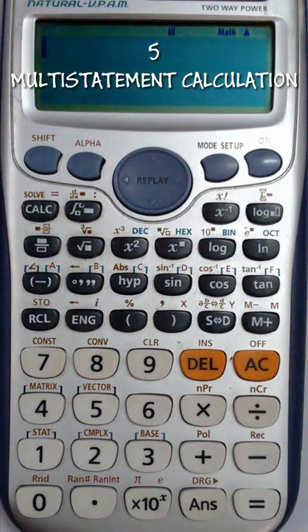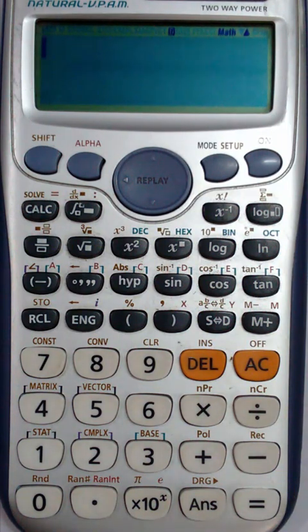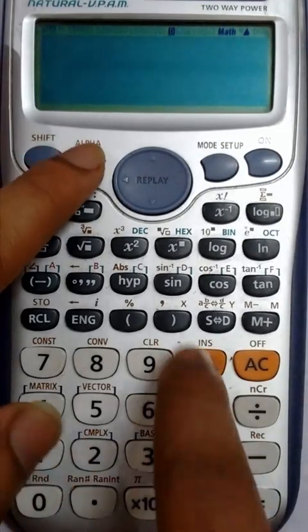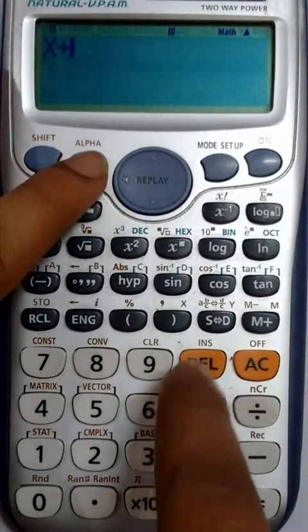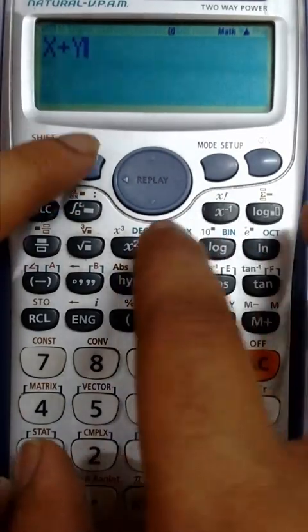Next technique is used for multi-statements in calculation. So many expressions are there with x and y terms or any other expressions in numbers also. Just put those expressions in and get the result using solve. You can see, just use Alpha X plus Alpha Y, this is the first expression.